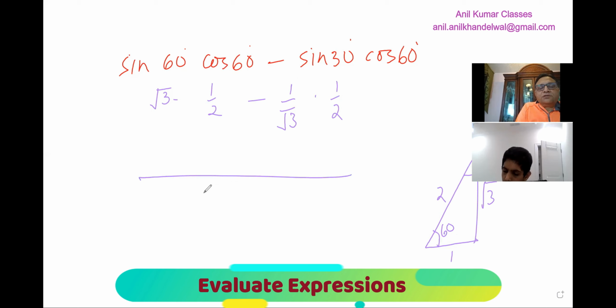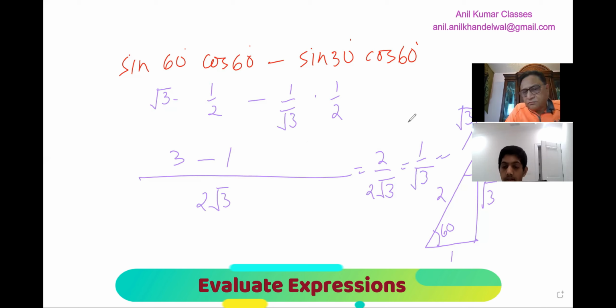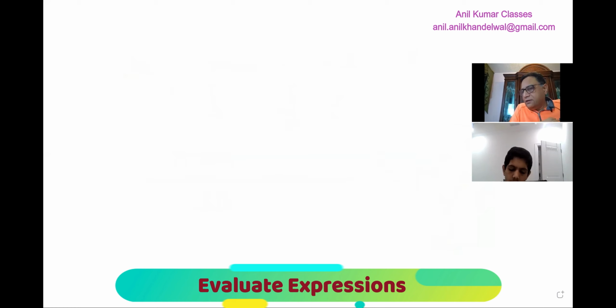The common denominator is 2 square root 3, and the numerator is 2, which gives 2 over 2 square root 3, equal to 1 over square root 3, which can be rationalized and written as square root 3 over 3, correct? So you could do some manipulations like this and find the exact values of an expression which has some of these involved in it.